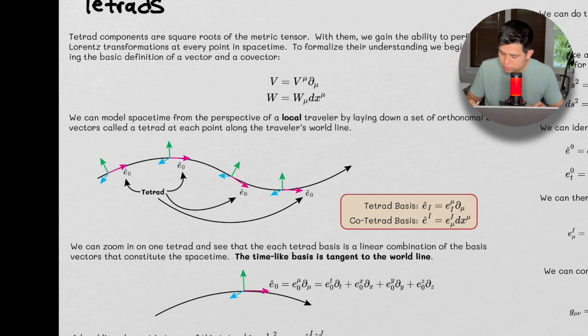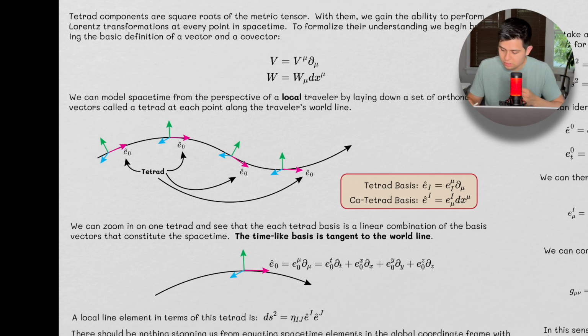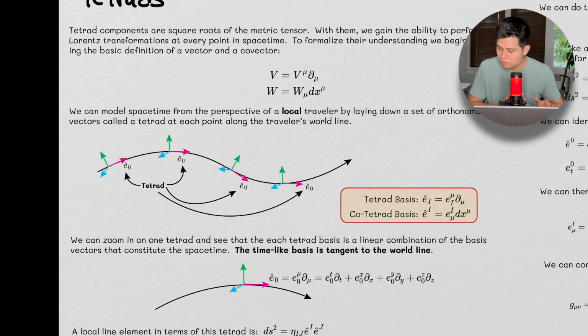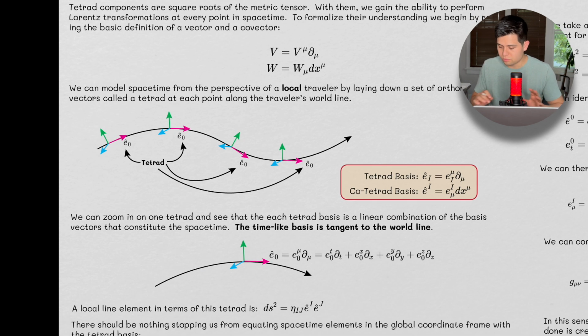We can model space-time from the perspective of a local traveler by laying down a set of orthonormal basis vectors called a tetrad at each point along the traveler's world line. Suppose we have some geodesic, this black line here, and we can construct tetrads at every point along the geodesic, or every point in spacetime, because geodesics permeate spacetime.